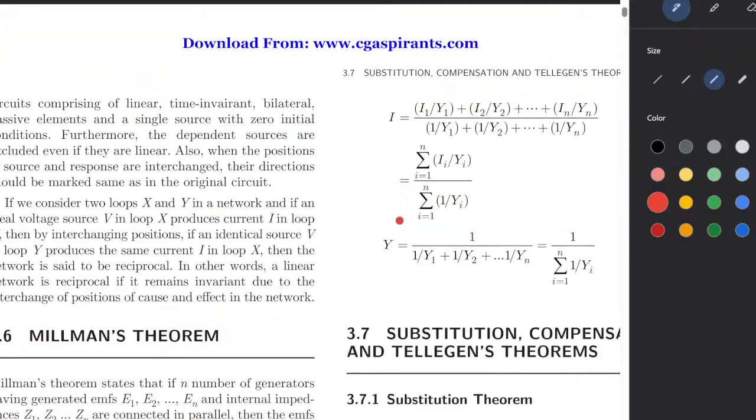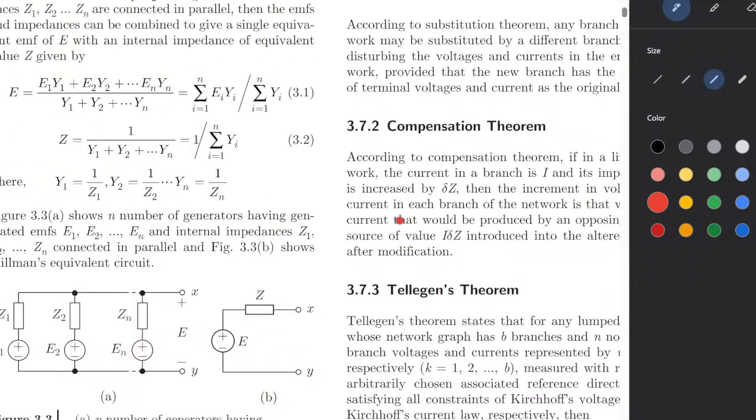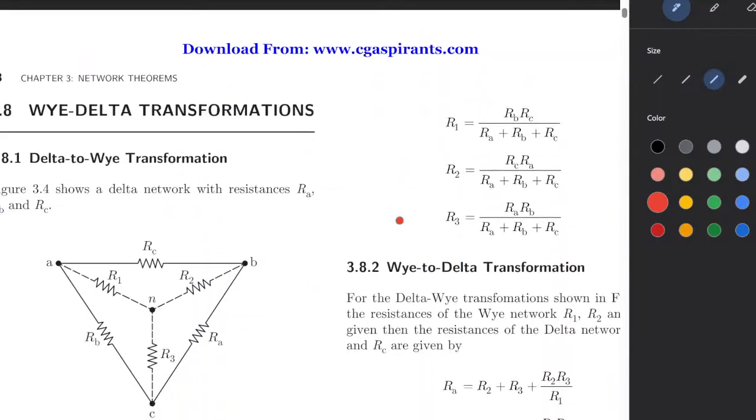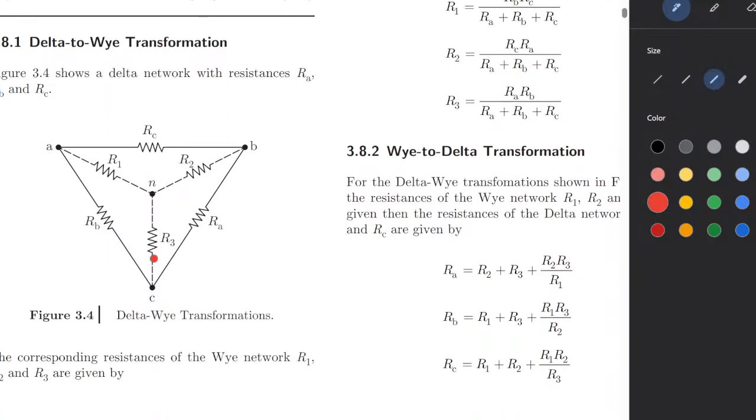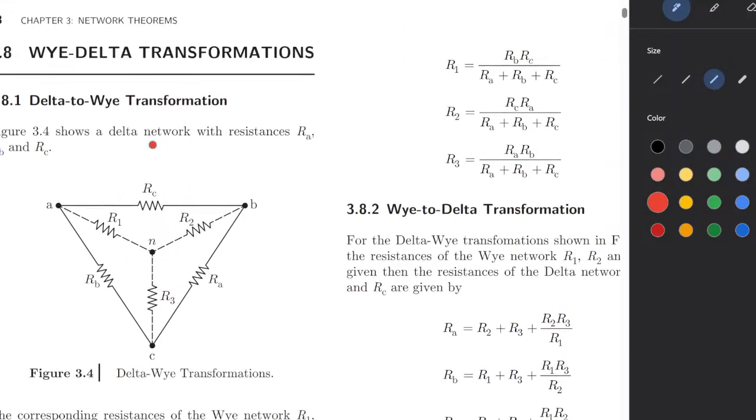This is not that important right now. So from delta to Y transformation. For this equation, how do we find R1?